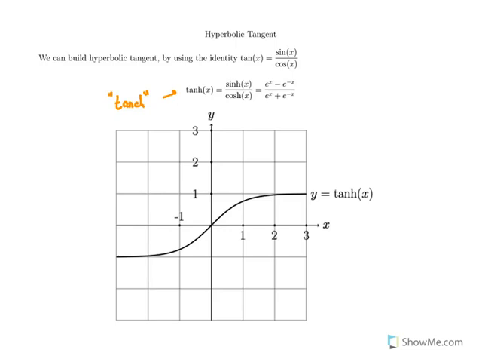And when we do that, the 1/2's cancel out, and we're left with e to the x minus e to the negative x over e to the x plus e to the negative x. And we get this function out. It has some horizontal asymptotes. And on the worksheet this week, I ask you to investigate those by looking at the limits of that function.